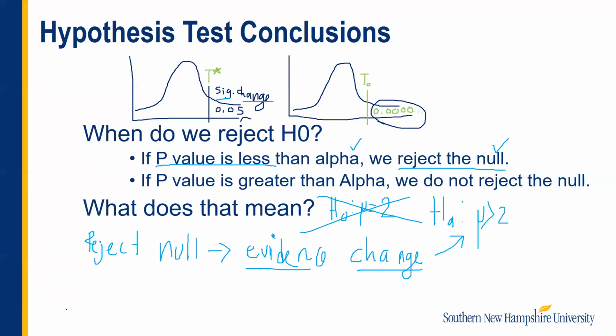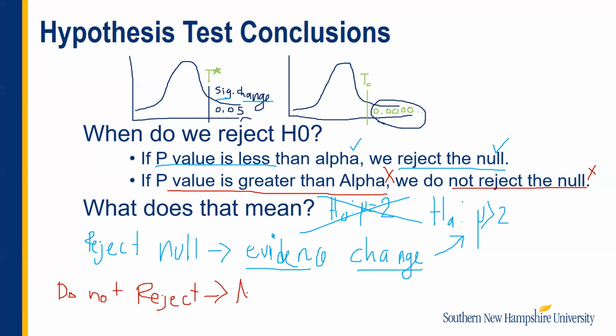So if it was do not reject, because the p-value is greater than alpha, and we would be not rejecting, that's not what's happening in this case, but if this was happening, then there would be no evidence of a change, no evidence to support HA, to support that change.